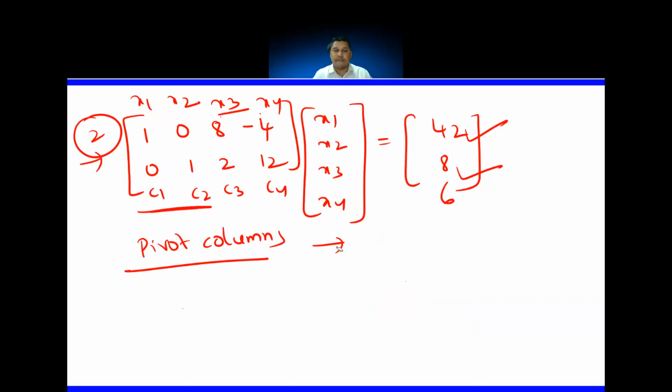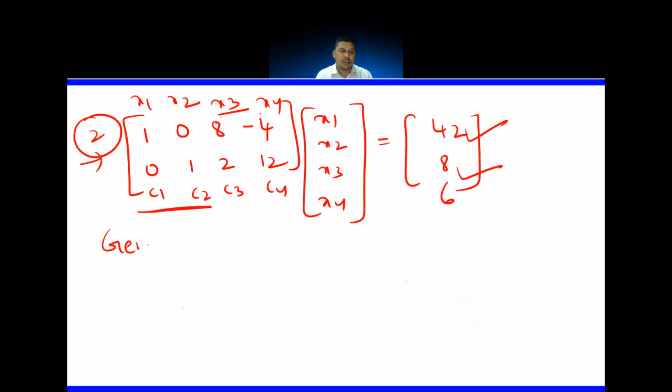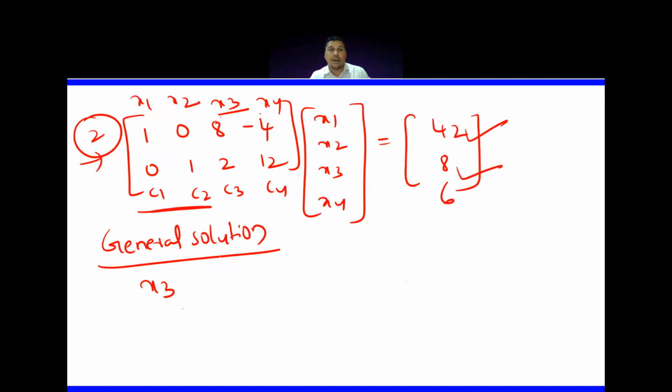General solution, you see, x1 and x2 are pivot. Which is the non-pivot column? X3. I will simply say apply the Gaussian elimination method to columns, not rows.